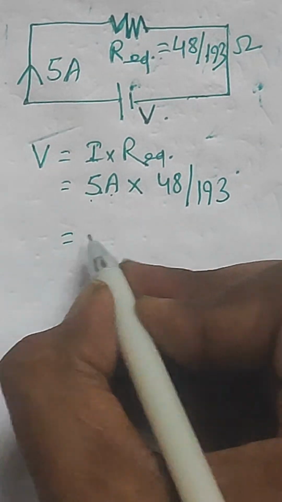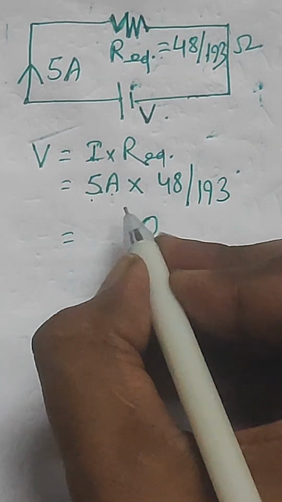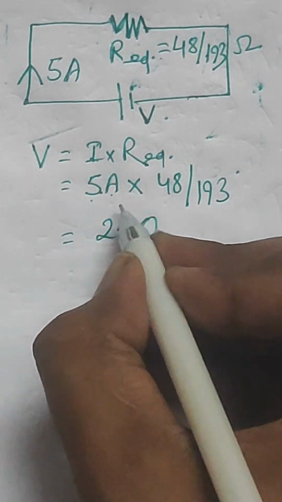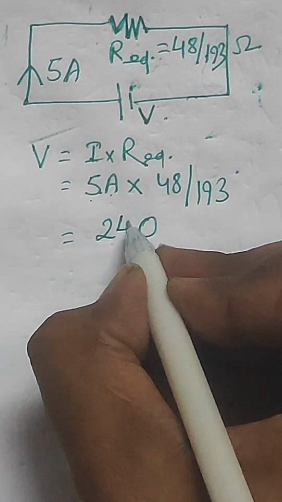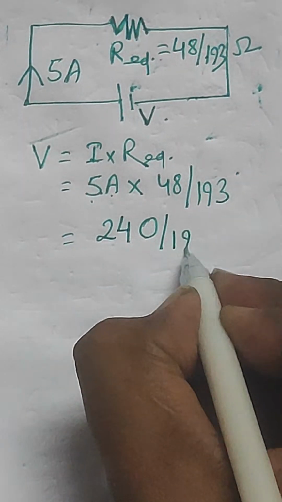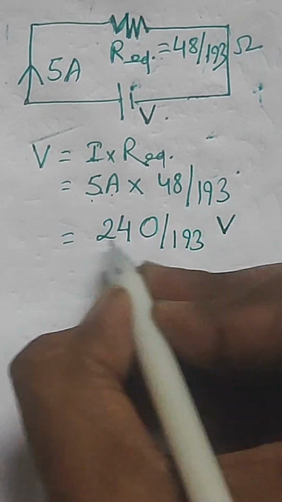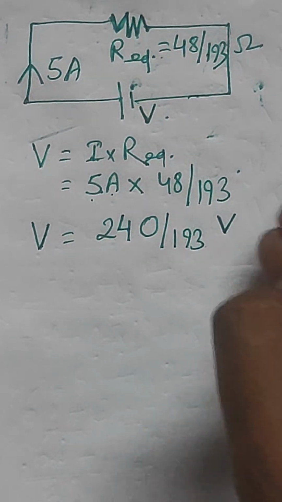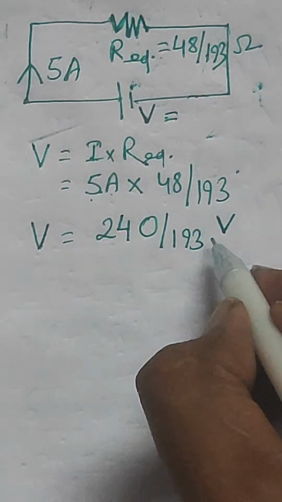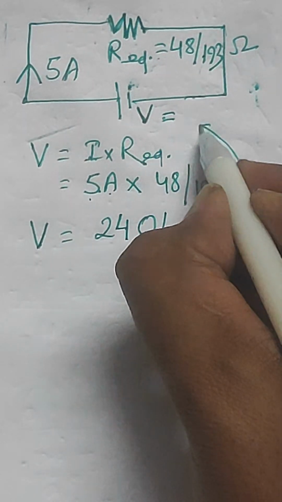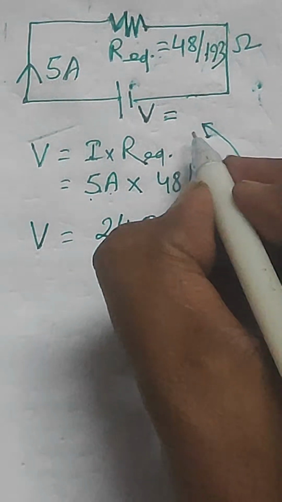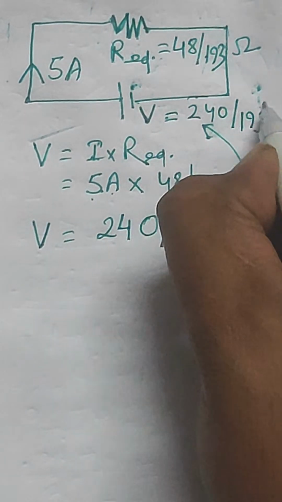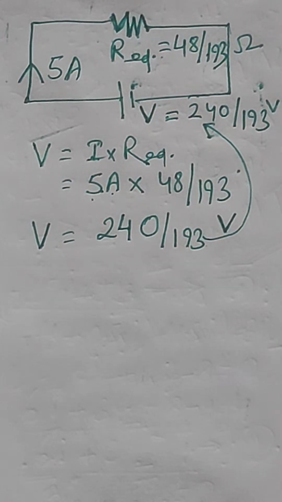So this will be giving you 5 8 40, carry 4, 5 2 10 plus 4, 24. So 240 by 193 volt is the value of this voltage source. So this V is calculated as 240 divided by 193 volt, right?